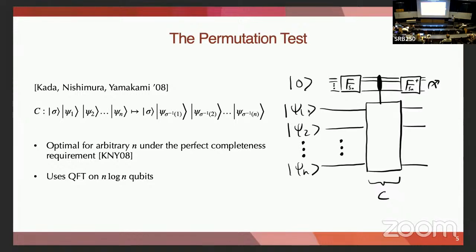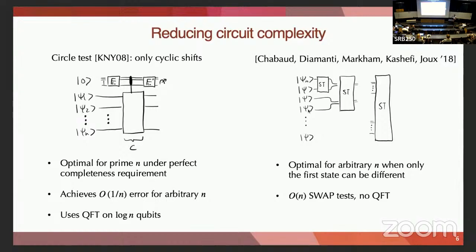This work not only proved that the permutation test is optimal under perfect completeness requirements, they also considered a different kind of test, namely one very concrete example, a cyclic test or circle test, where instead of all permutations, you apply only cyclic permutations.